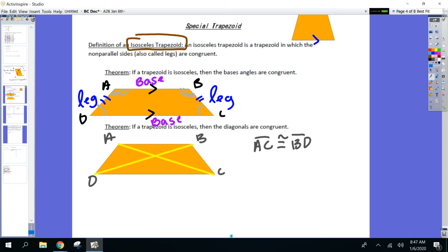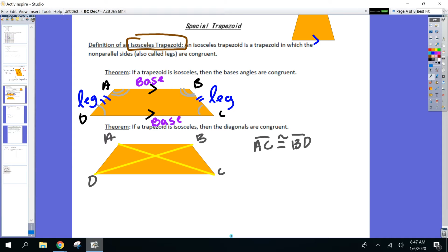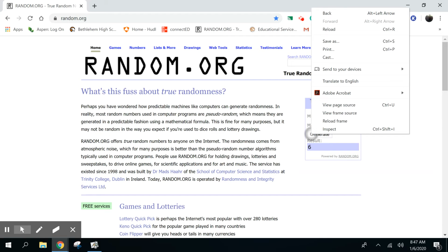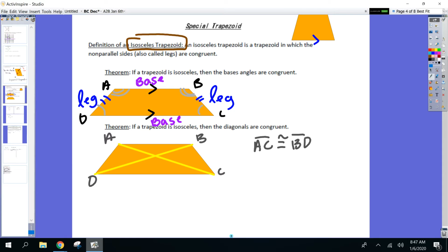Quiz time. Name two other figures where the diagonals are congruent. In this quadrilateral unit, we've talked about two other figures where the diagonals are congruent. One of them: rectangle. And it's the figure that has everything.